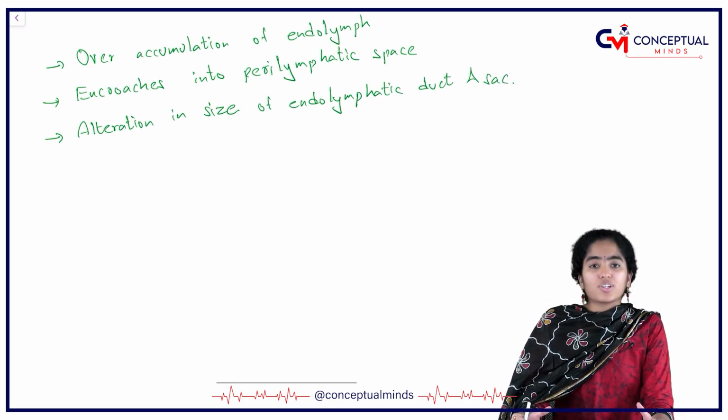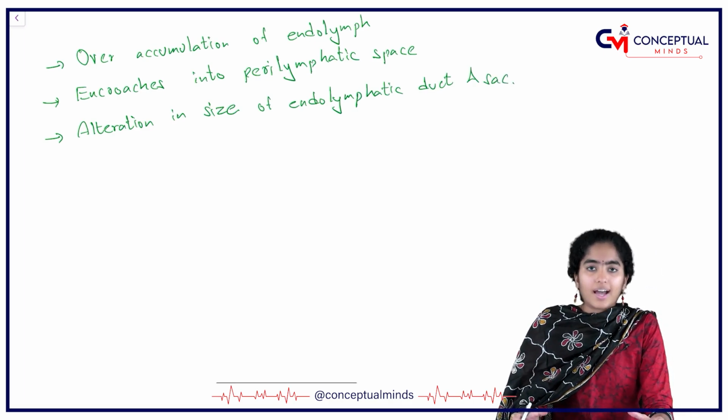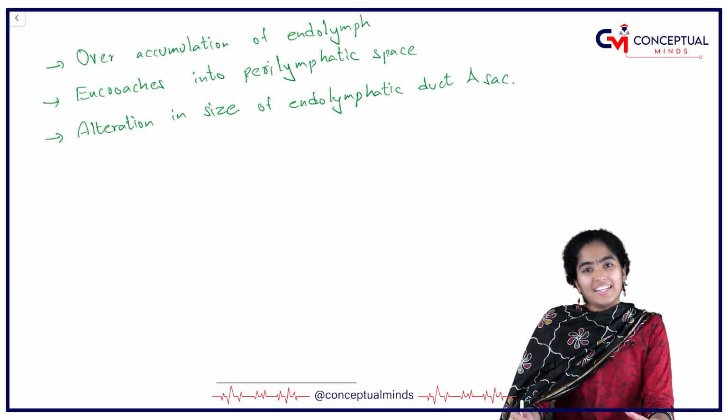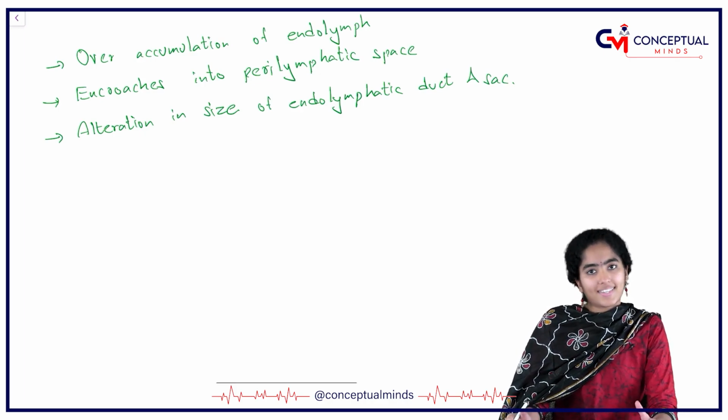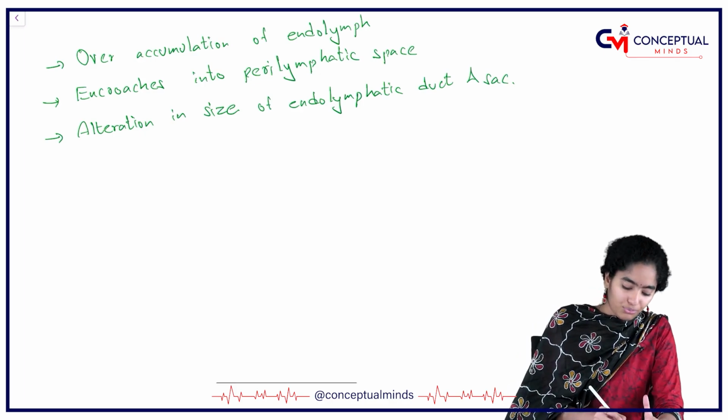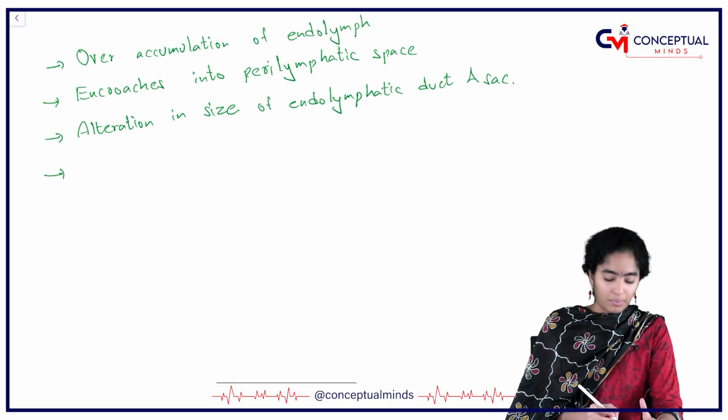Now these endolymphatic changes, the hydrops changes, are mainly present in the cochlea and saccule, that is the pars inferior part of the membranous labyrinth.